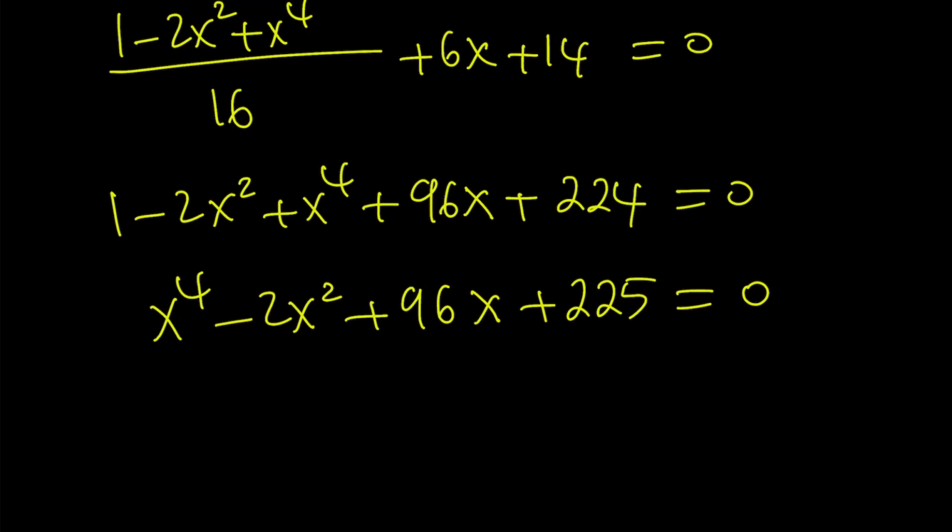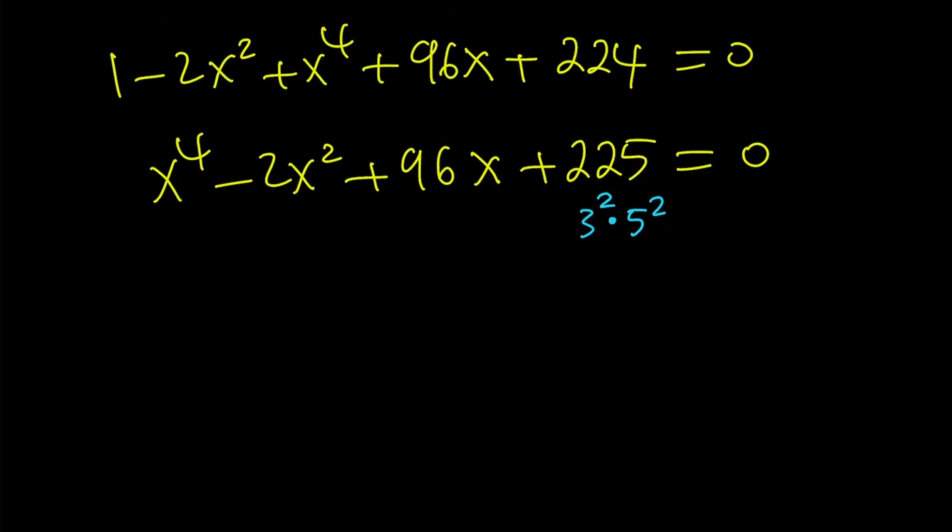What numbers could divide 225? 225 is actually 15 squared, or 3 squared times 5 squared. Those are the prime factors. So it's going to have quite a few factors, like 3 times 3 equals 9 positive and 9 negative. That's a total of 18 factors. It's going to take forever to check. That's why this is not always the best method, but obviously computers can check real quick.